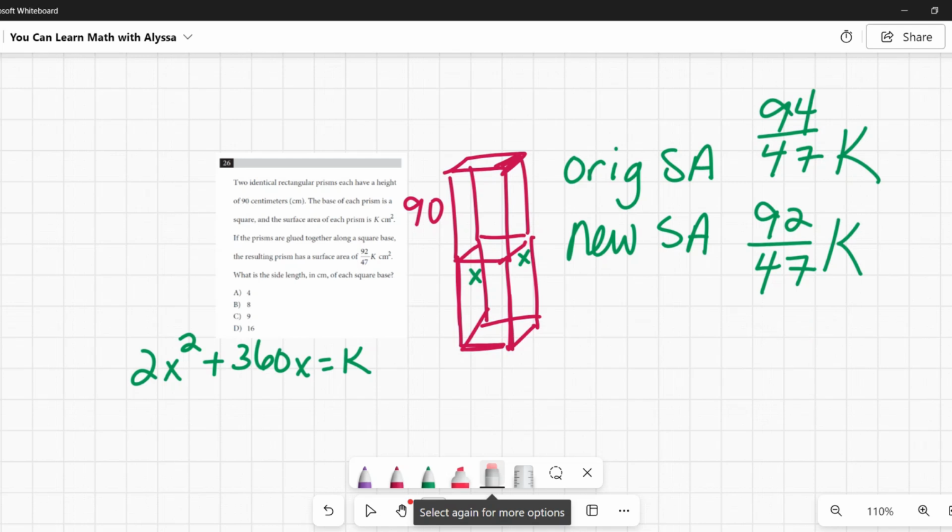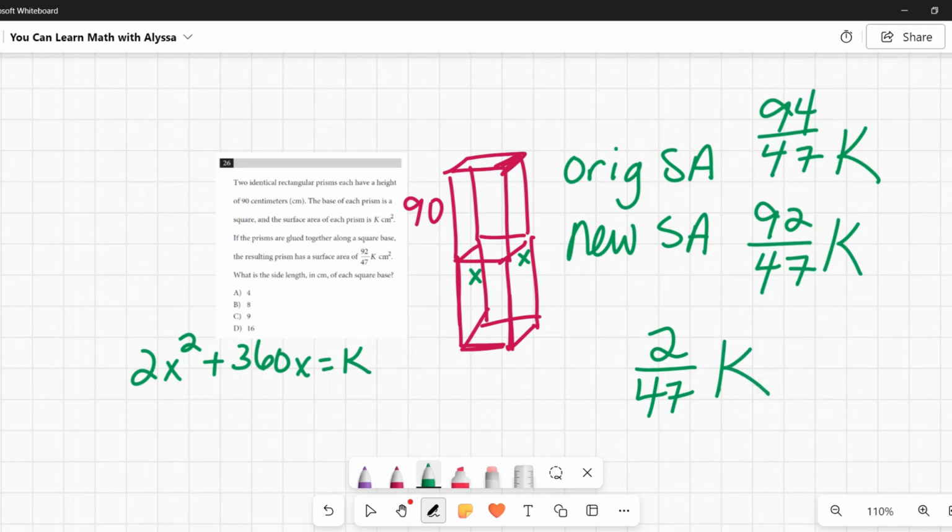So if we subtract 94 minus 92, we can see it has changed by 2 4/47 k. So what is 2 4/47 k equal to? Well, what's vanished? Each of them has lost a bottom square.